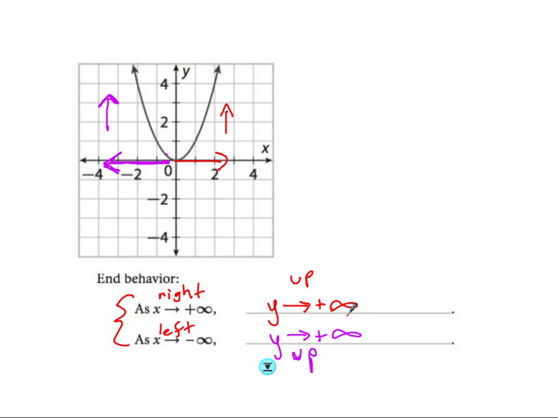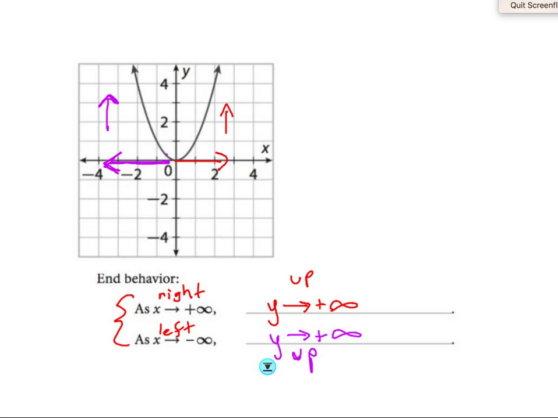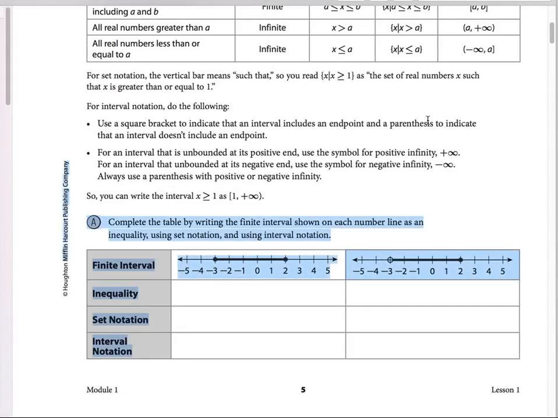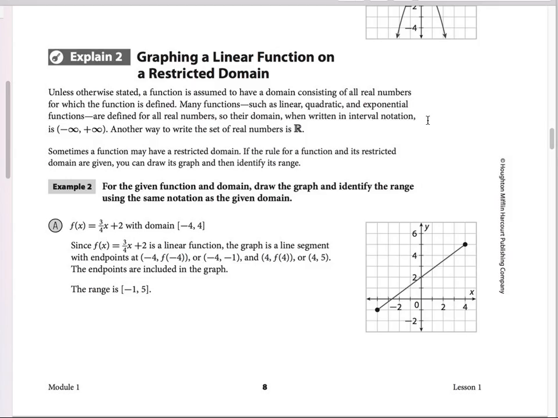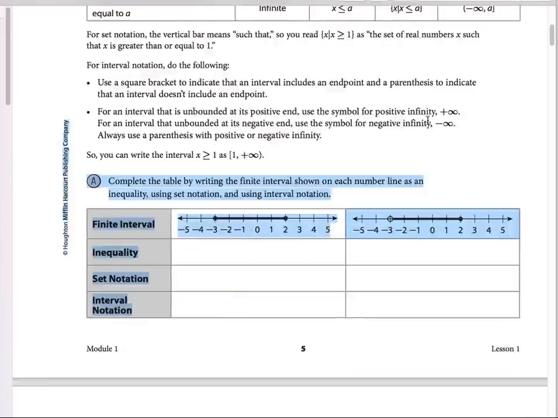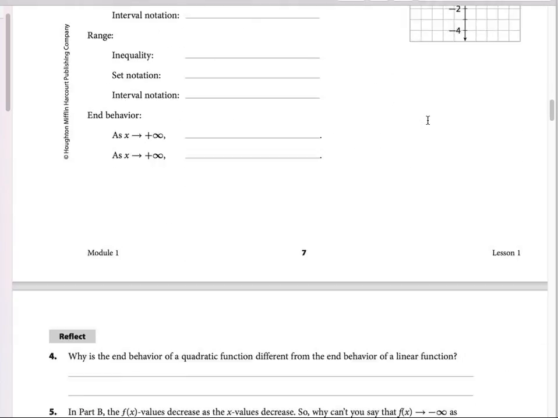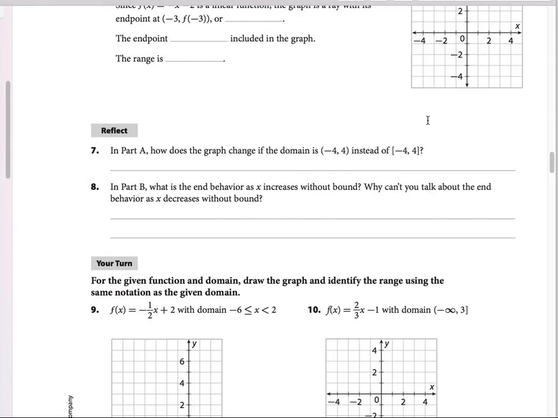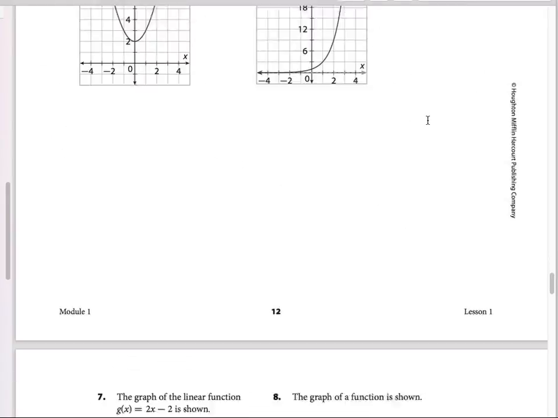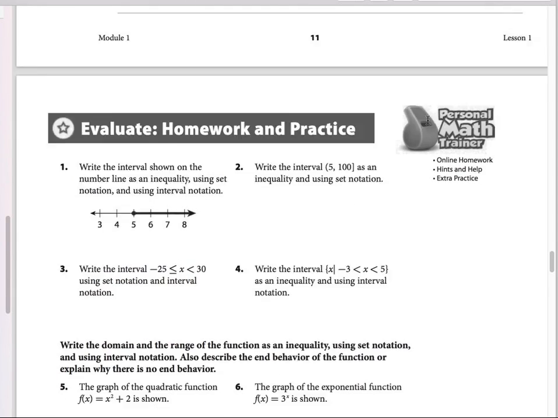Alright, so after we get done through these, what I basically want you to do is start working on questions number 1 through 8. Let me make sure I give you the correct page.